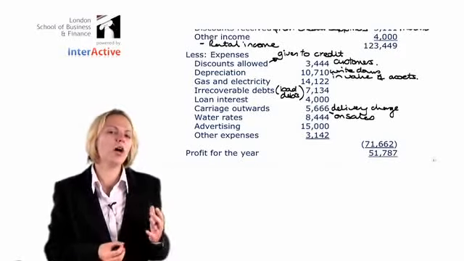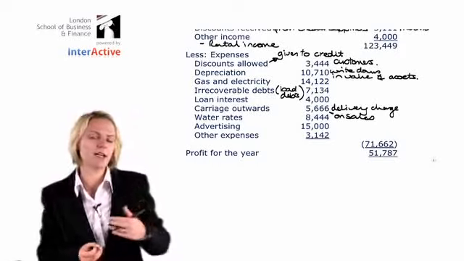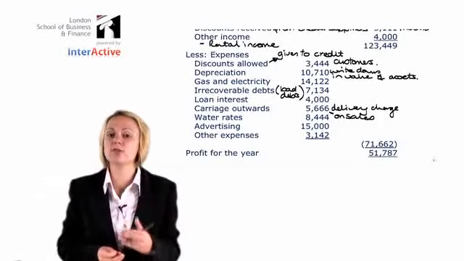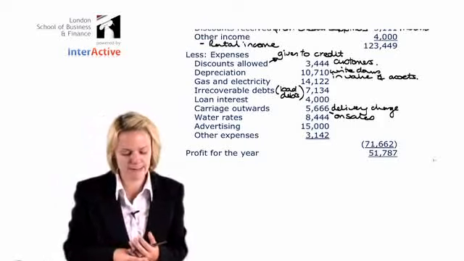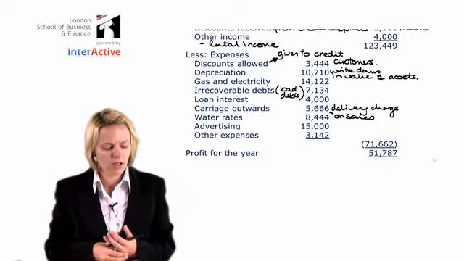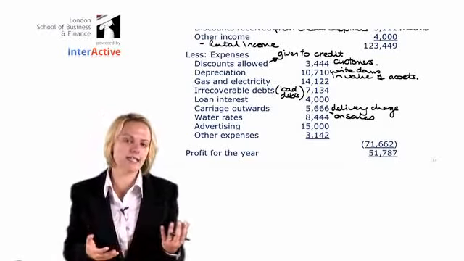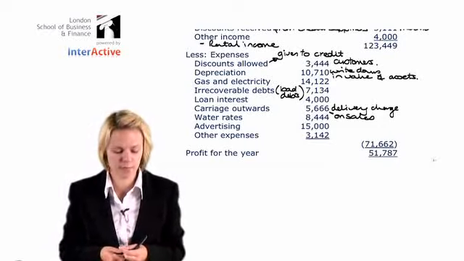But it wouldn't form part of cost of sales. Cost of sales is carriage inward, the delivery cost on purchases. The delivery cost on sales, carriage outwards, would be just a general expense, a selling expense. We then have some other expenses, water rates, advertising and marketing, and other expenses would all come off.